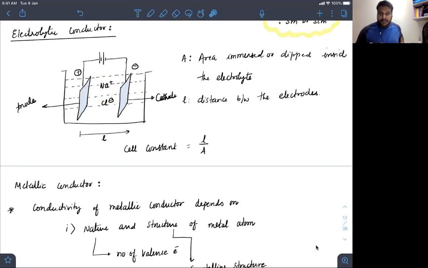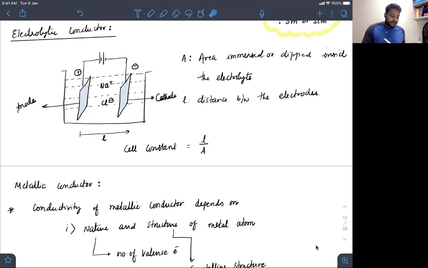And how do we define cell constant in that case, students? It will be length which is separating these two electrodes, and the area is the area of this cross section for anode and cathode. For most of our cases, we will be taking anode and cathode as the equal area. Got it? So that we will have a simpler volume defined.